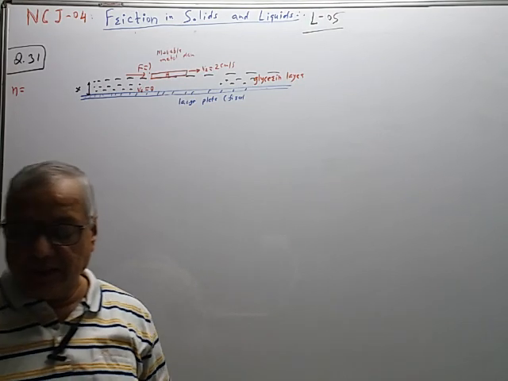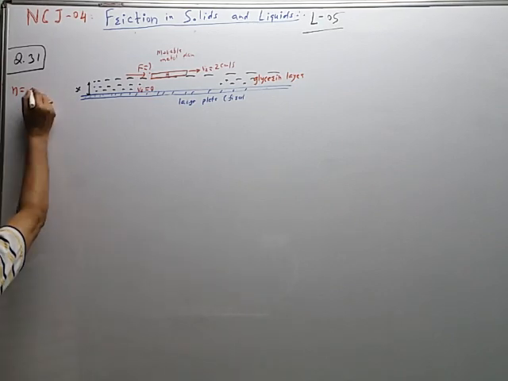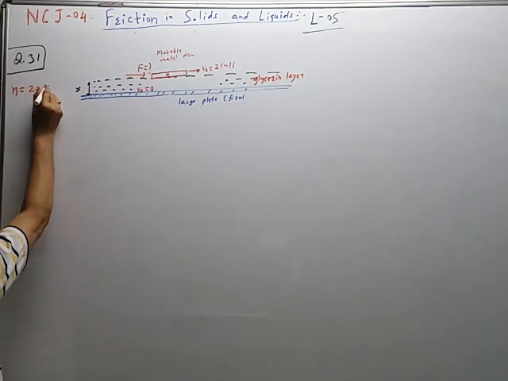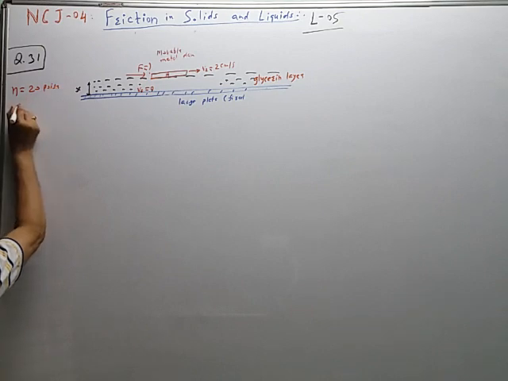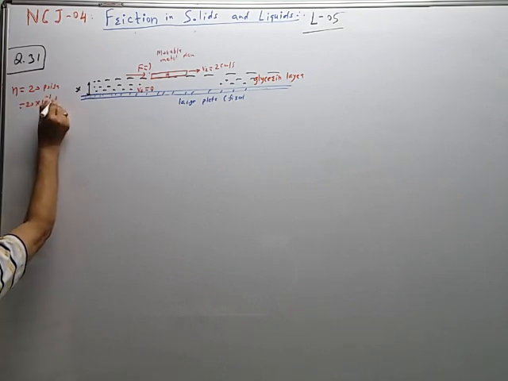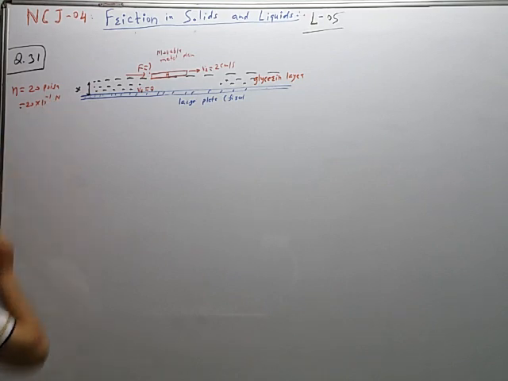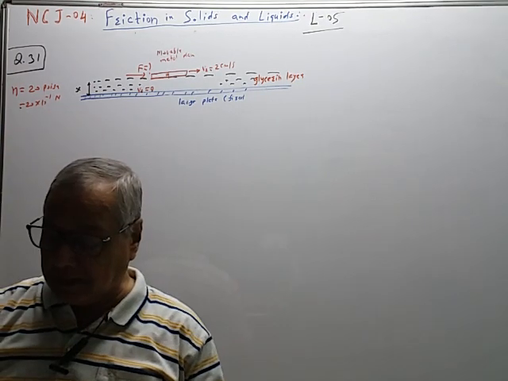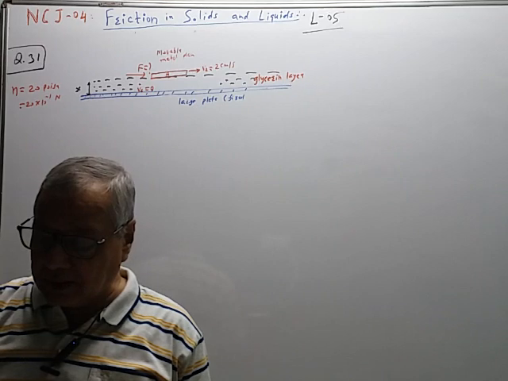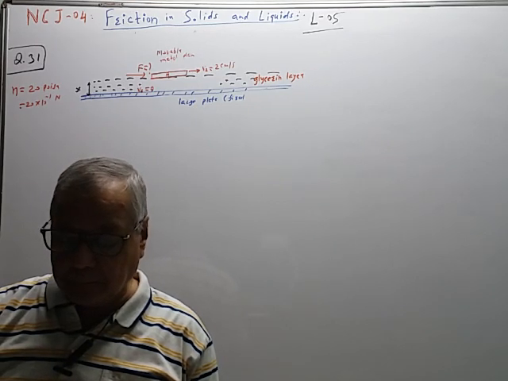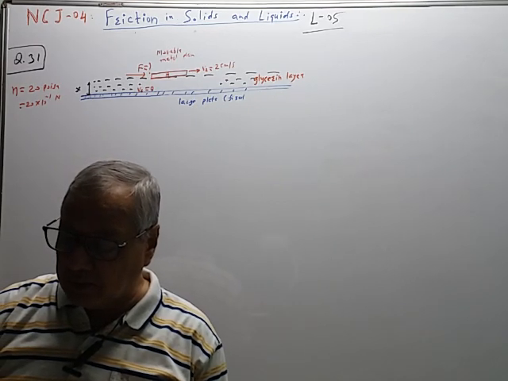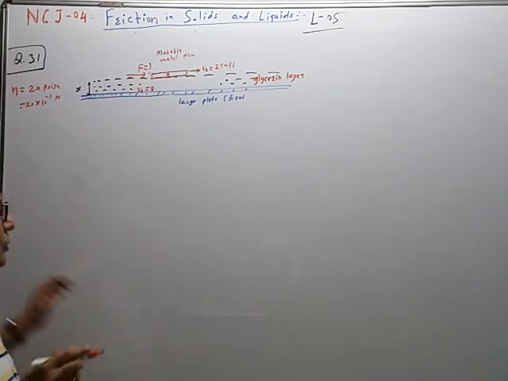The relation is given in brackets. 20 poise is equal to 20 into 10 raised to minus 1 in the SI system, Newton second per meter square. The answer is given in Newton.